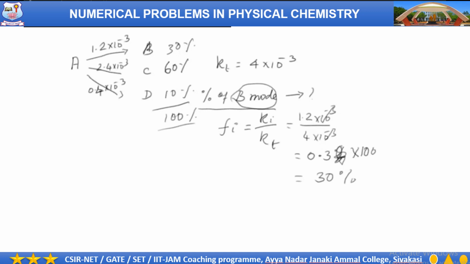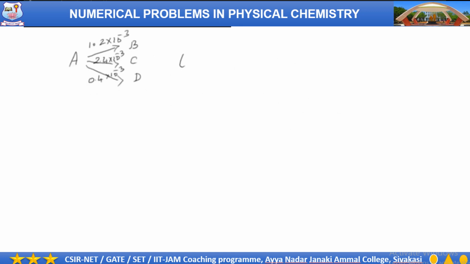It's first order kinetics. What is the T half overall? What is the T half of the ith mode? It is possible for you to calculate individually. How to calculate the individual one? T half is equal to, what is the formula you are generally using?